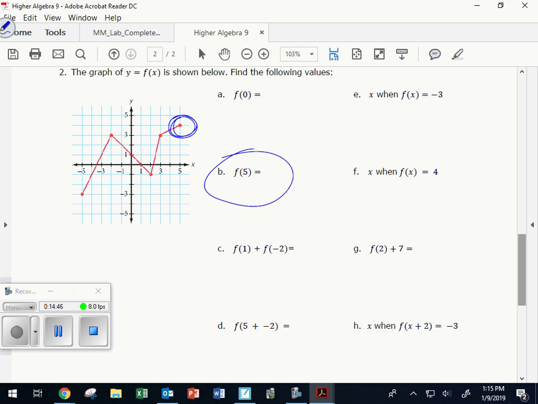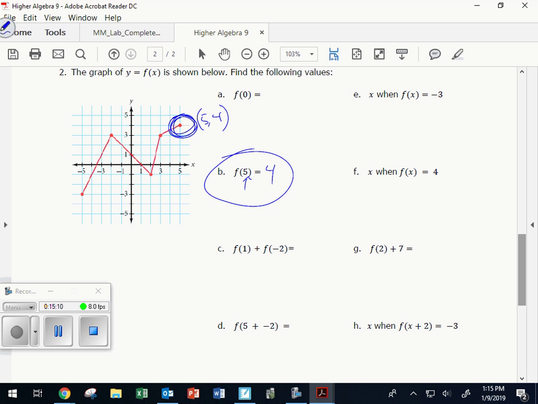Because that would have been right. And that's where x is 5. Notice when they put it in this spot, they're saying x is 5. What's the answer? f of 5 is, well, it wants the y at this spot. That spot is 5 comma 4, so f of 5 is 4.